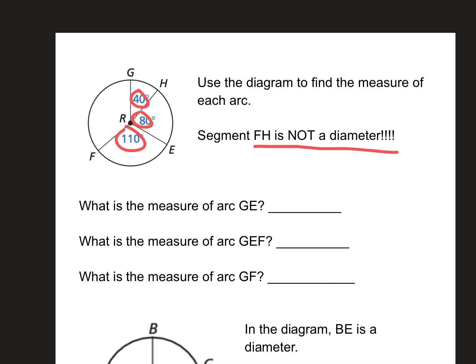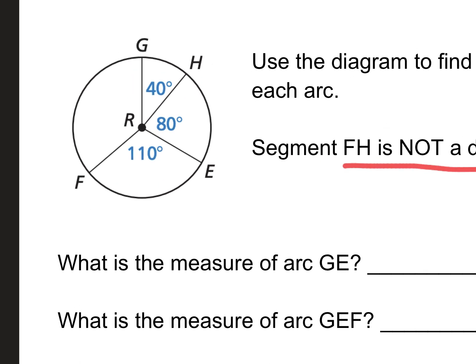I also know that all the way around my circle is exactly 360 degrees. If I add these together, 110 plus 80 plus 40, that's 110 plus 120, which is 230 degrees.